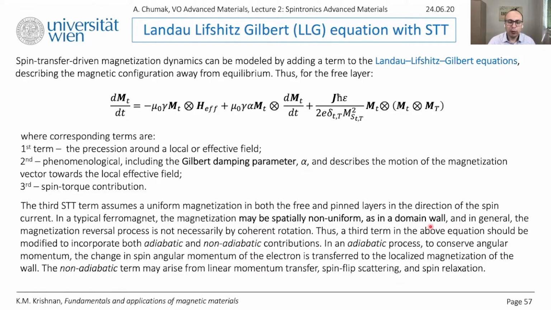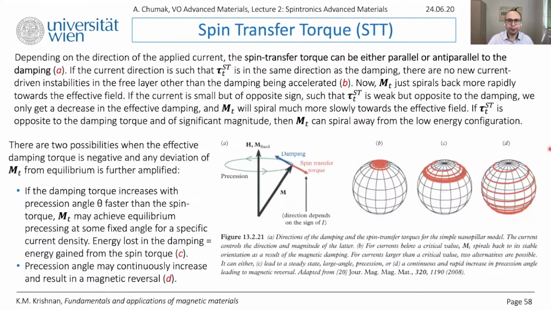So in a domain wall, you need to make one step further and split this term into two parts, adiabatic and non-adiabatic. One conserves angular momentum, and the non-adiabatic term might arise from linear momentum transfer, spin-flip scattering, and spin relaxation. So this is one step deeper, but just keep in mind that when you want to describe these two situations, you might need to modify your model a bit.